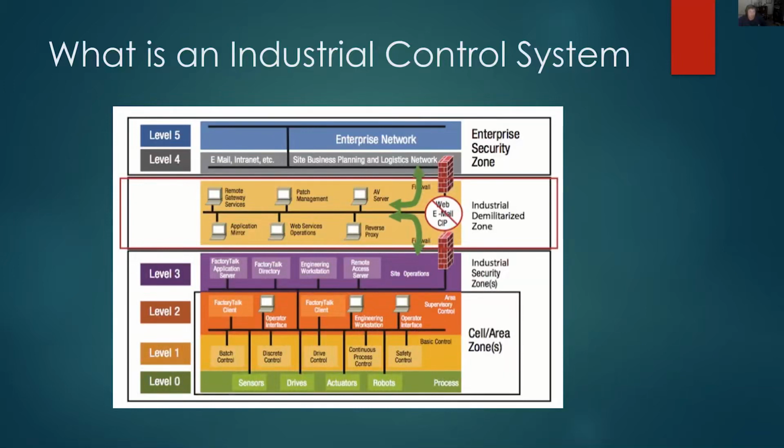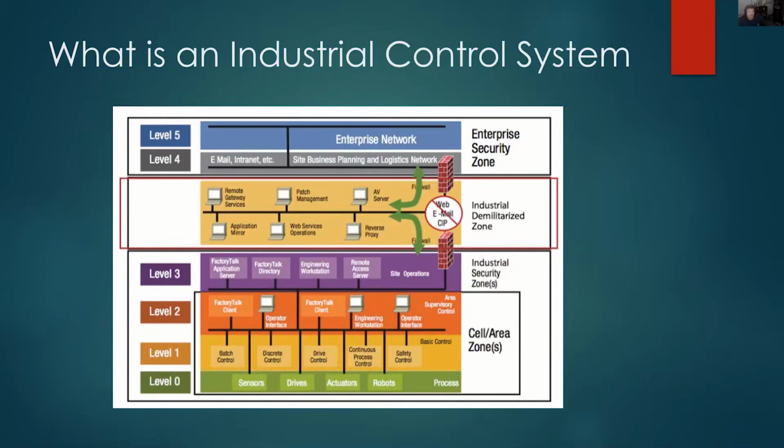So it's a layered level. They break it down with firewalls and switches and routers. The idea is to prevent traffic from freely flowing from a more secure zone to a less secure zone.